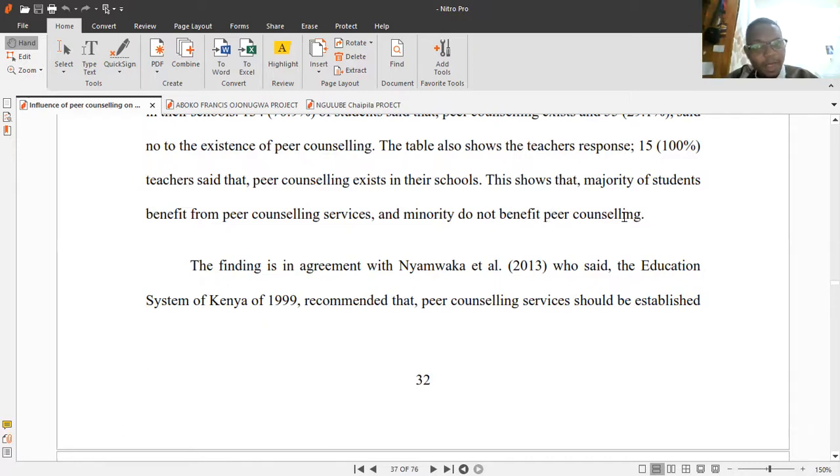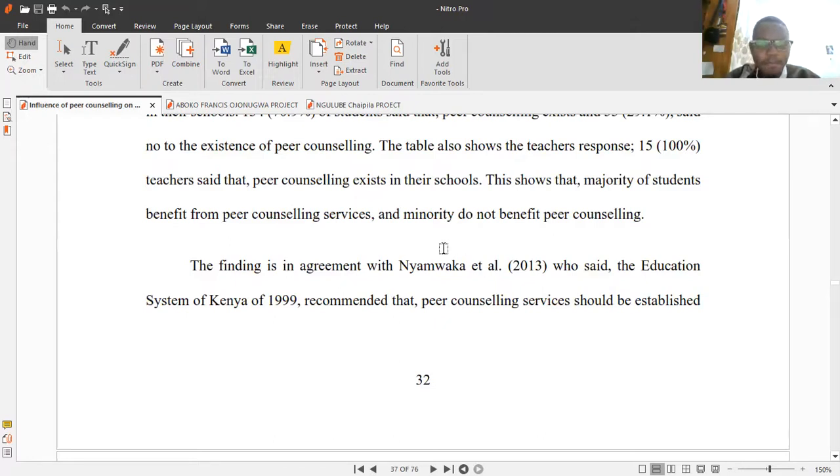Now, in a situation where most students are saying no, this shows that probably peer counseling is not existing. That's one of the points. Peer counseling does not exist in school, or if it exists, it is maybe only for students who are caught committing indiscipline cases.